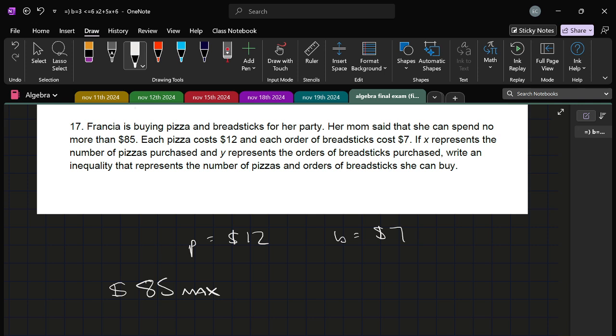So that means that if pizza costs 12, it would be 12 times the number of pizzas you buy plus 7 times the number of breadsticks you buy, and this must be less than or equal to $85 because that is our limit. And that is as simple as it gets. Remember, X is the number of pizzas, so if we're just following the question, just replace P for X, and then breadsticks for Y, and that is the solution to 17.